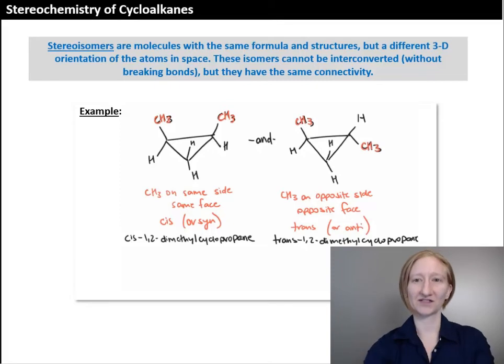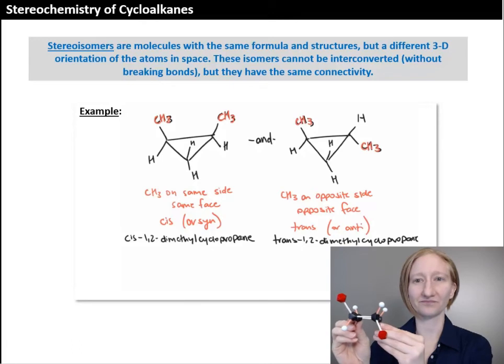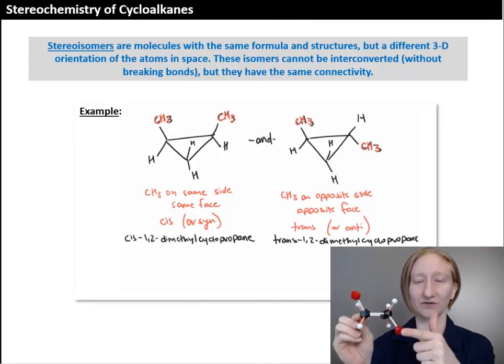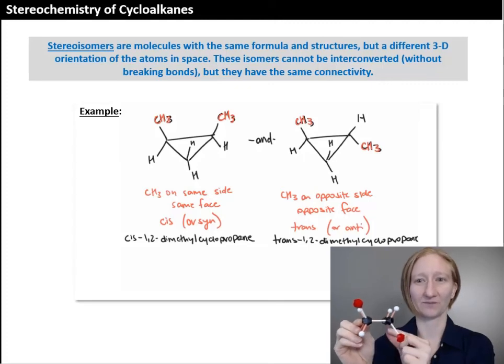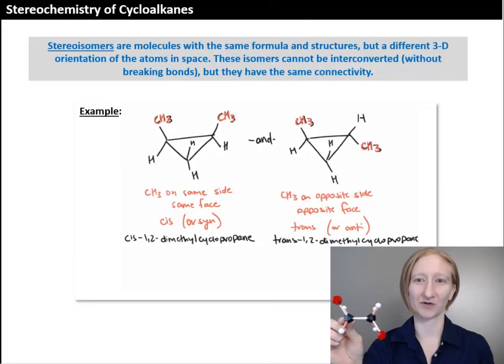Now let's look at the trans or the anti-stereoisomer. In this case, the two substituents, indicated with red, are on opposite sides of the plane created by the ring. Here you see that one of the red groups is on top of the ring and the other is pointing down, on the bottom of the ring. So this is the trans stereoisomer.